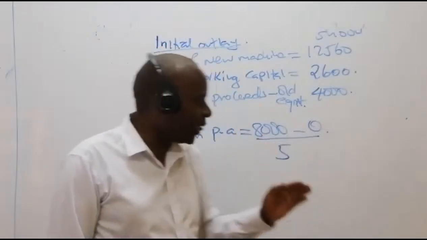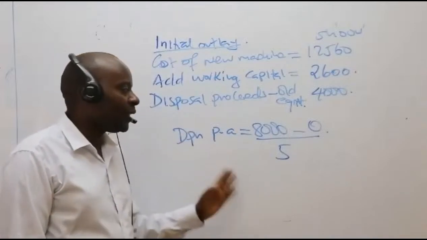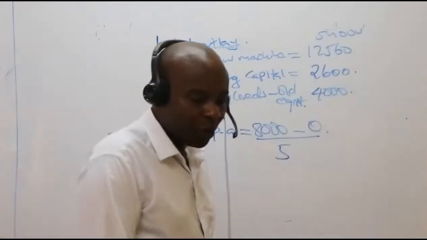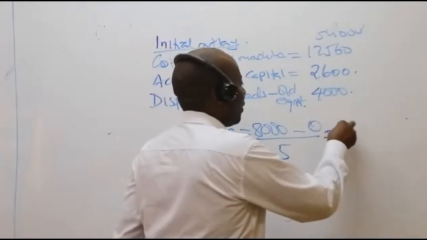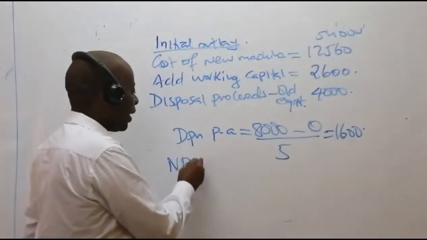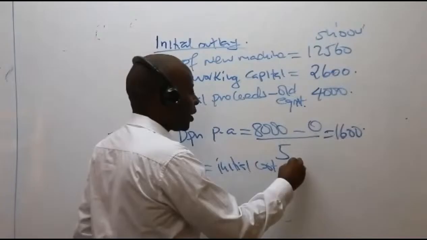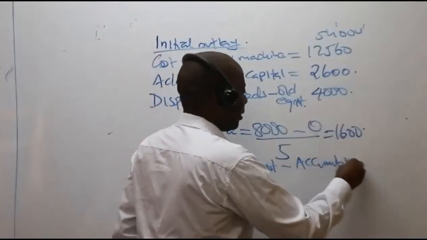But initially, this is where we are. Remember, we are making this estimation initially. So 8,000 minus 0 divided by 5. This will give me what figure? They're telling me it's 1,600. So how do we get net book value? To get net book value, we normally take the initial cost minus accumulated depreciation.